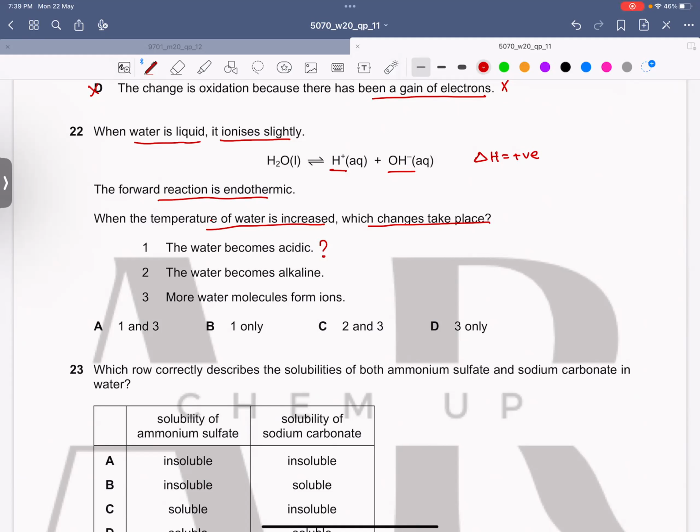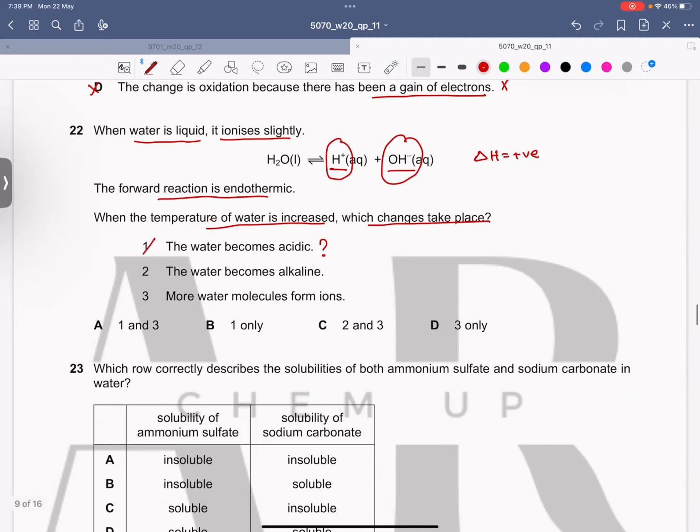Because hydrogen ions and hydroxide ions are both in equal amount. That's why it is not being considered as acidic. Okay, so first statement is wrong.